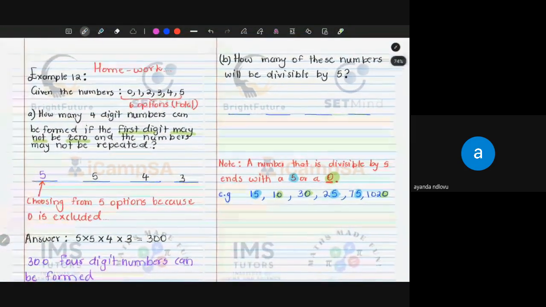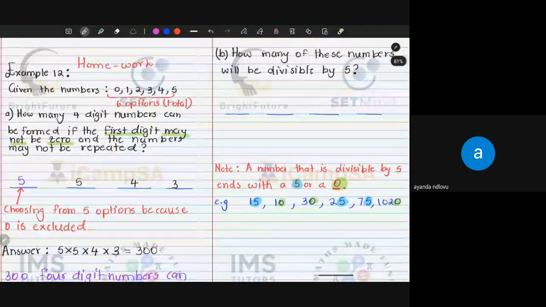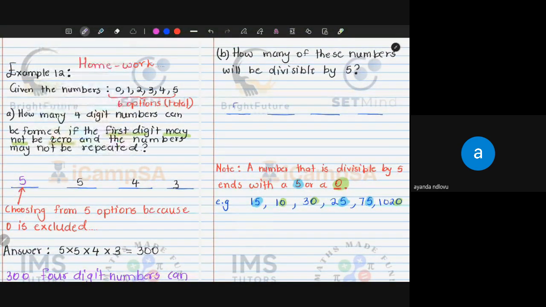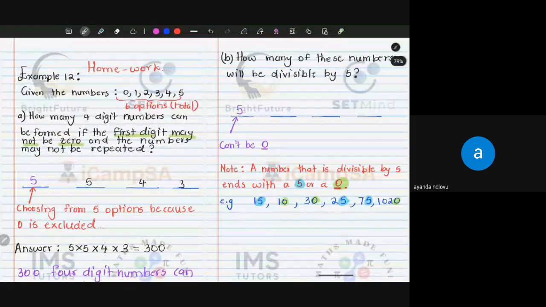So remember, guys, the first digit, they said it can't be a 0. So which means we are still choosing from 5 options because that digit can't be a 0. But let's think of the last digit of our number. So on our 4-digit number, the last digit, we want it to be a 0 or a 5.